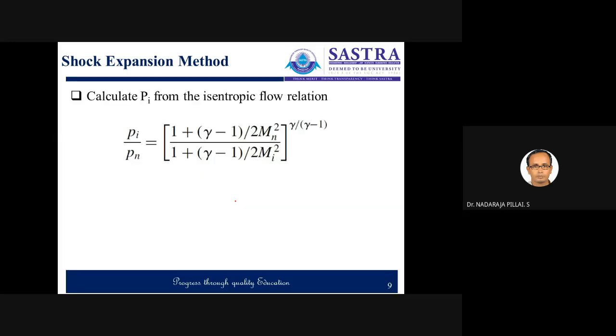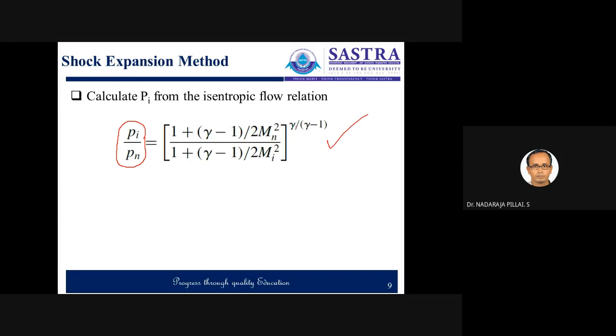Once Mi is calculated, then by considering the isentropic flow relation, Pi by Pn can be calculated. So Pi by Pn is equal to (1 plus (gamma minus 1)/2 Mn square) by (1 plus (gamma minus 1)/2 Mi square), the whole to the power gamma by gamma minus 1, right?